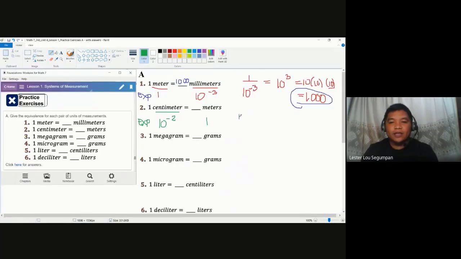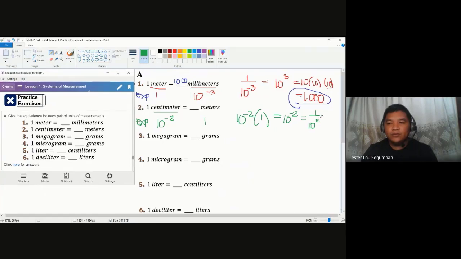So this is 10 to the power of negative 2 times 1, which is again 10 to the power of negative 2. Law of exponents tells us that we could bring it down, and then you have positive 2. This is then equivalent to 1 over 10 times 10, which is 100.